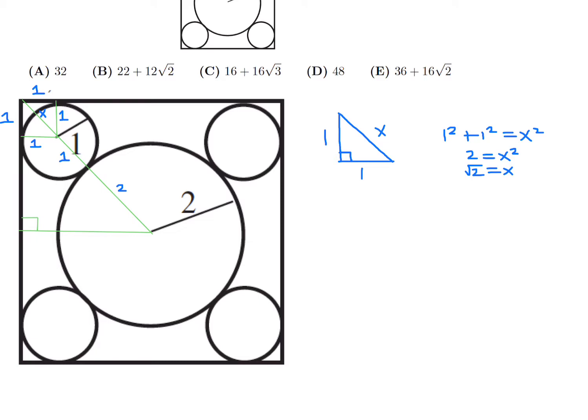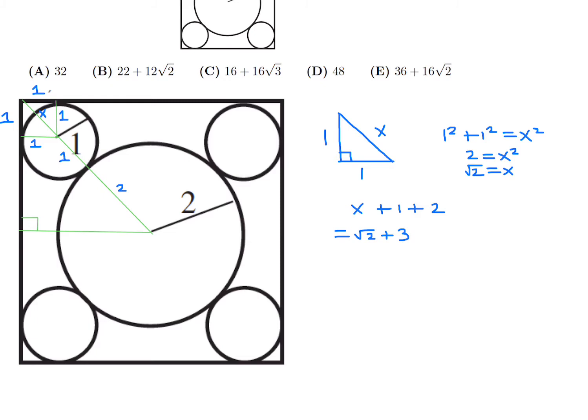Now, the next relationship involves this full line right here. That full line we can figure out it's going to be just x plus 1 plus 2 from here all the way till here. And that looks like it is root 2 plus 3. Correct?